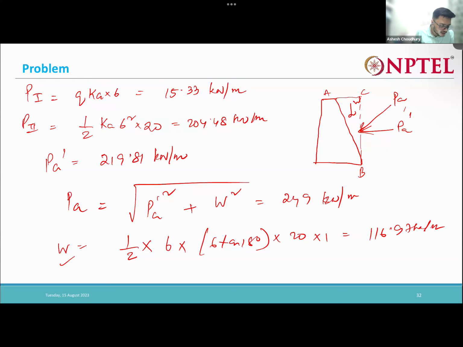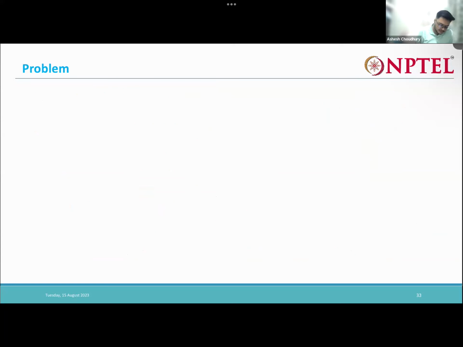Now, in order to get this angle alpha, the inclination of PA with the horizontal, alpha is equal to tan inverse W by PA dash. You can get alpha. One more thing we can find out is the point of application, this y distance, same as before, by taking the moments and getting the centroid.